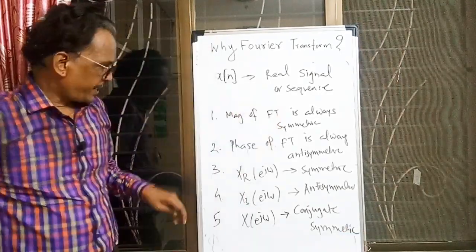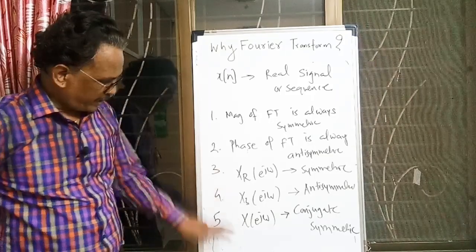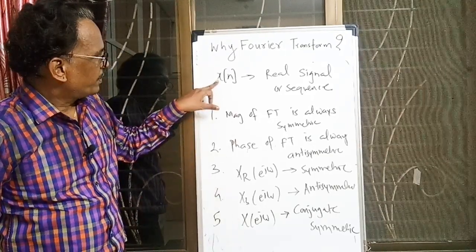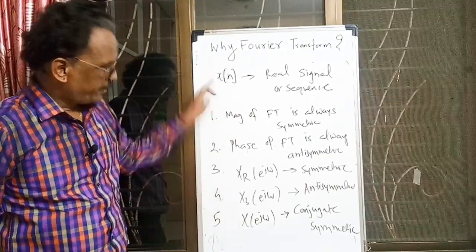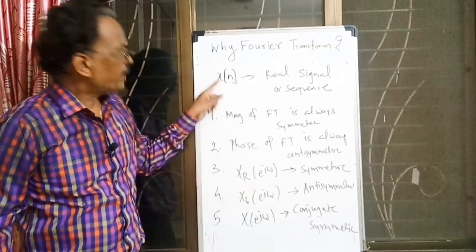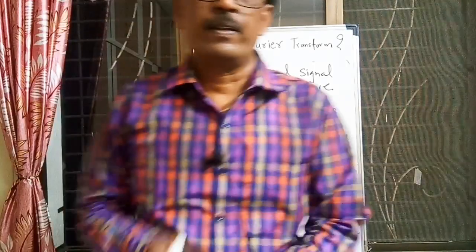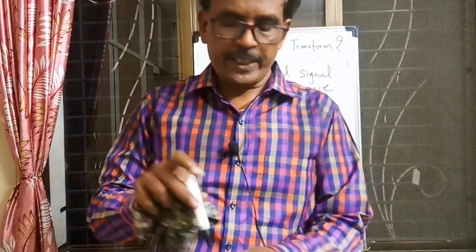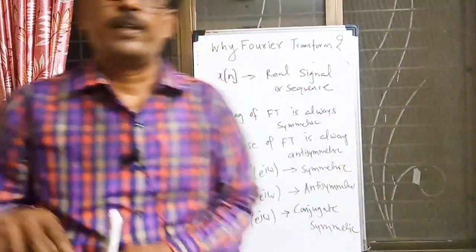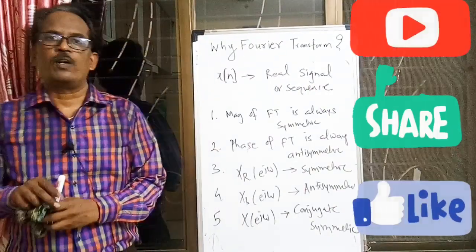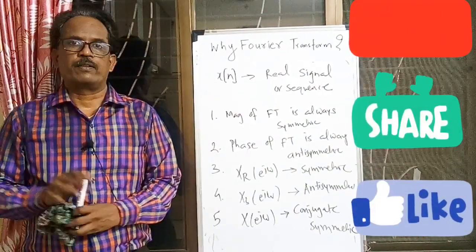So the Fourier transform of x of n is always conjugate symmetric if x of n is a real signal. Again, I am reiterating that the given signal x of n in all these equations was a real signal. Let us stop here.